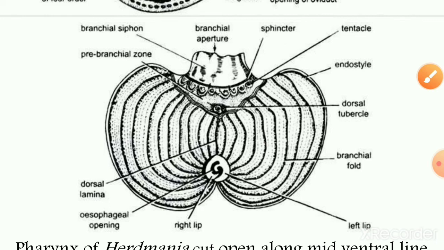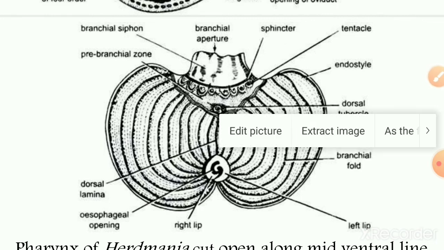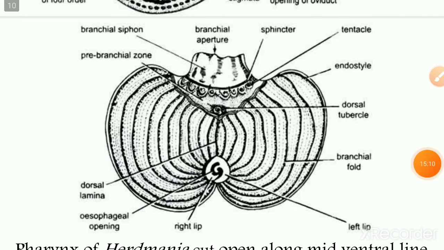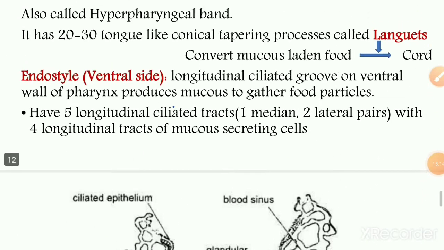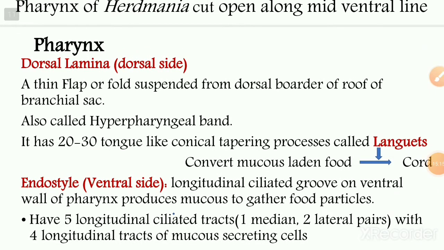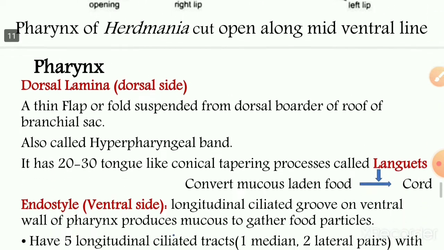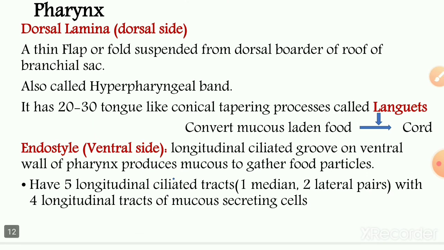Now the dorsal lamina. Dorsal lamina is a thin flap, or you can say a fold, suspended from the dorsal border of the roof of the branchial sac.